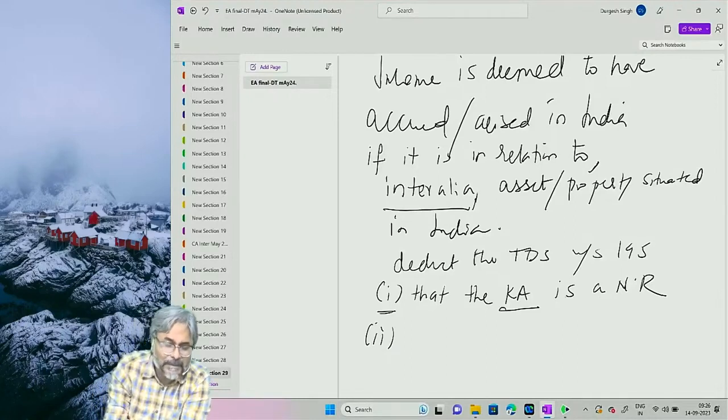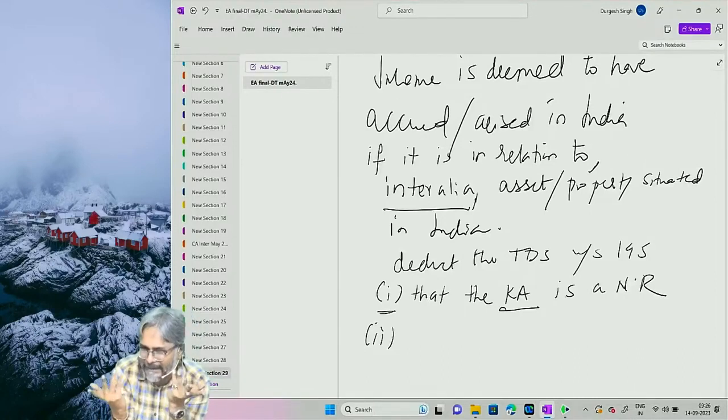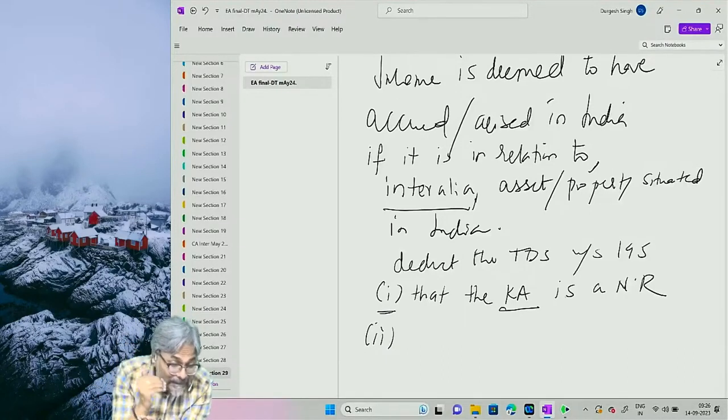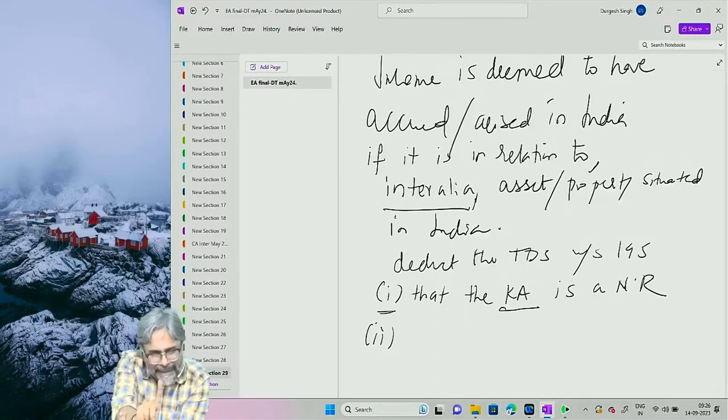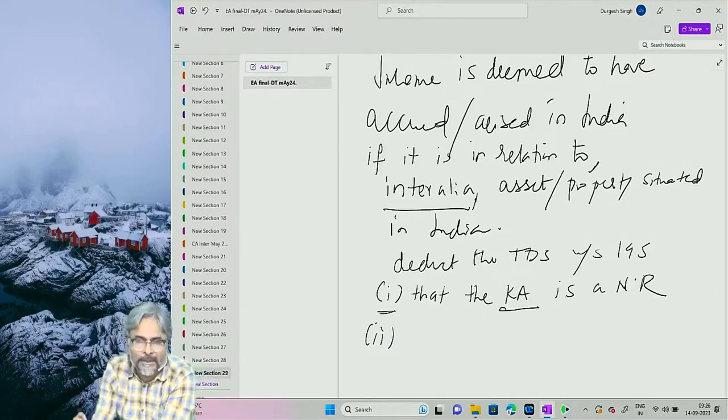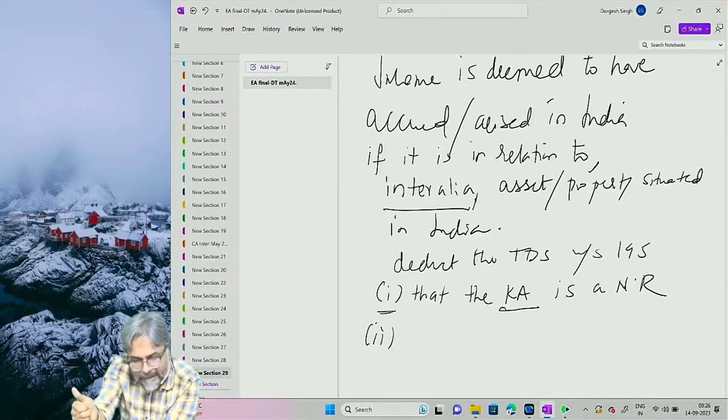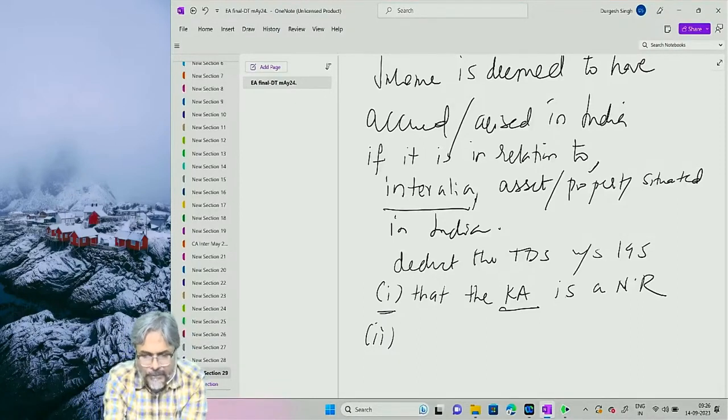Not only for DT, for all papers, be it auditing or indirect tax law, please keep this point in mind: if a name has only one word, use that. But if it has two or three words, it is a trap, so abbreviate it. Write it in full one time only, make it abbreviated, and take it further. So the first point is that Kenya Airlines is a non-resident.